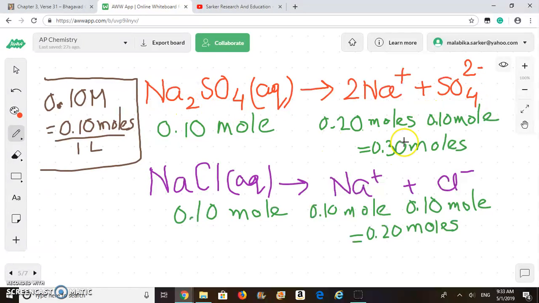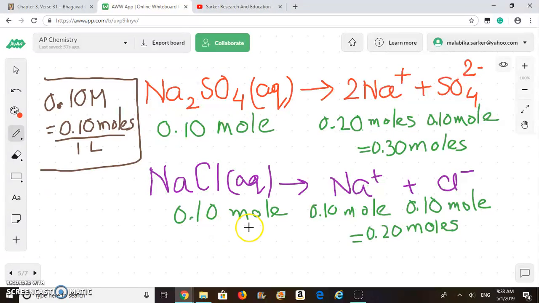So how many total moles do we have in solution? Because it is dissociated, we will only have the ions. So we will have a total of 0.30 moles of ions moving around in the solution. What about sodium chloride? If we have 0.10 mole, when sodium chloride is dissolved in water, this is the aqueous solution, it dissociates into sodium cation and chloride anion.